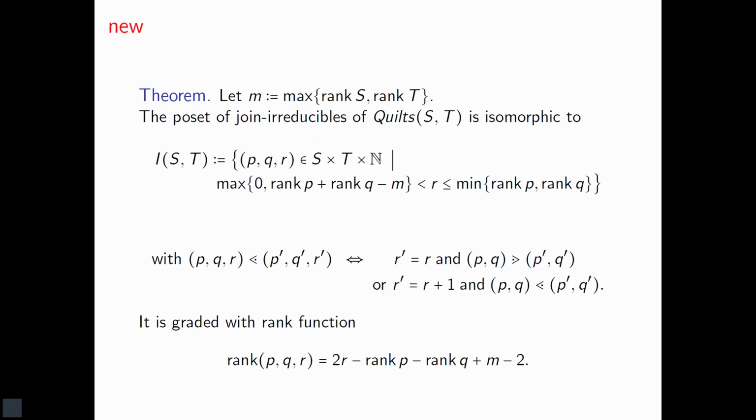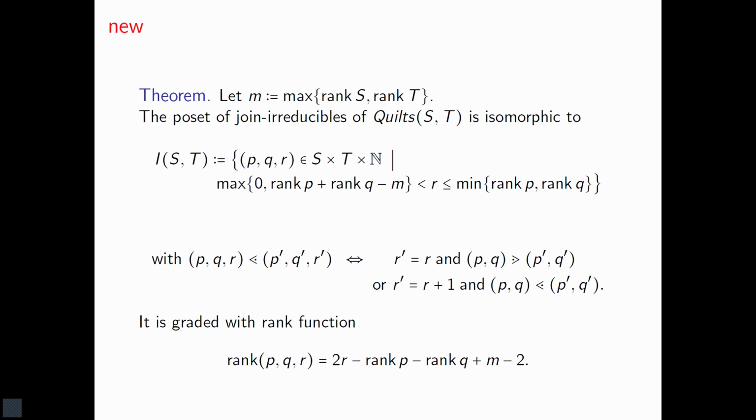And we can describe this poset in a very easy way. It's essentially all triples. The first element is in the first poset, the second element is in the second poset, and the third element is some number with bounds.